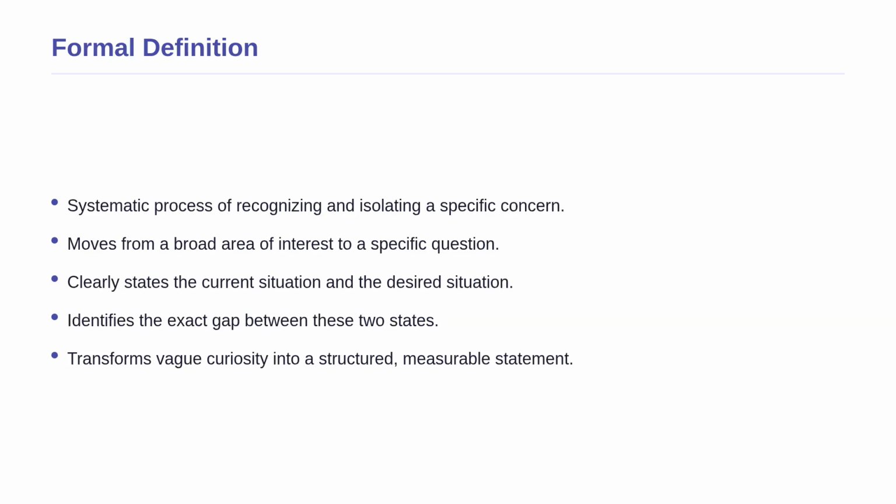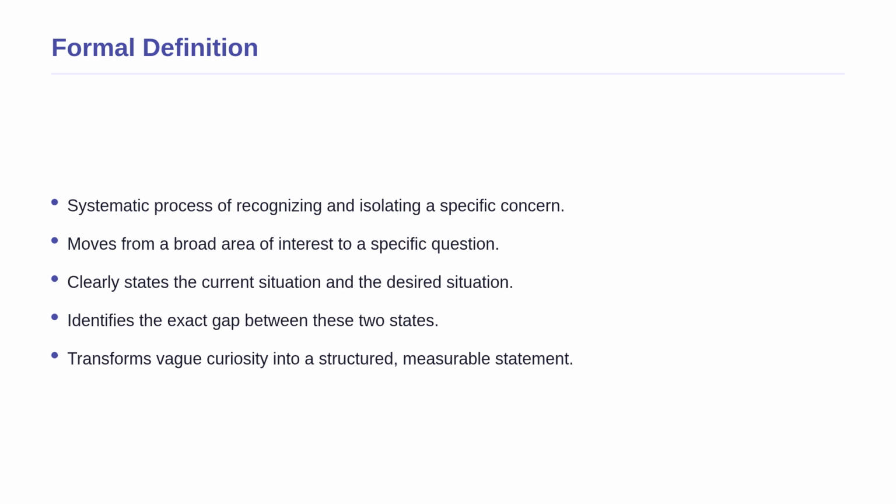Now that we have an intuitive understanding, let us look at the formal definition. Formally, problem identification is the systematic process of recognizing, defining, and isolating a specific area of concern or a practical challenge that requires investigation. It involves moving from a broad, general area of interest down to a highly specific, actionable research question.